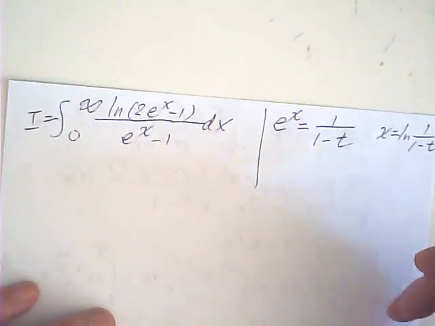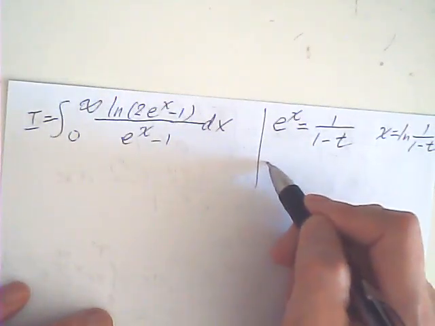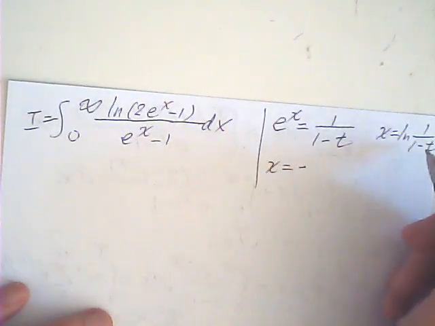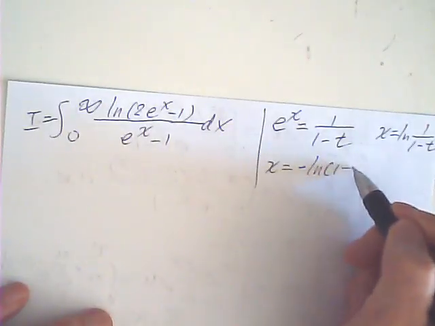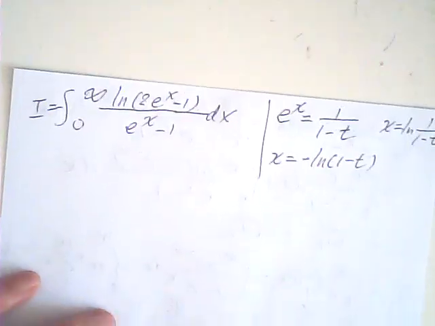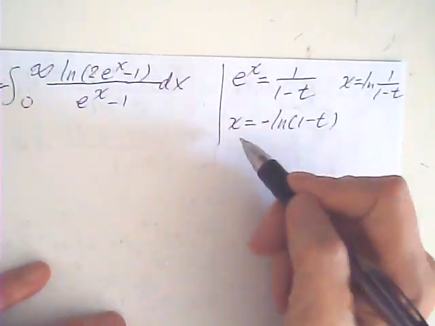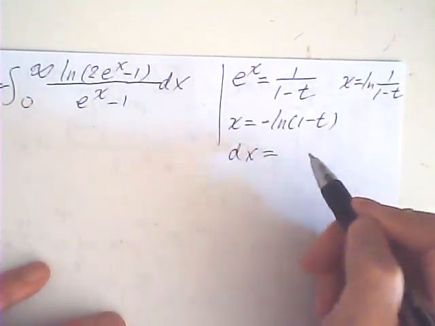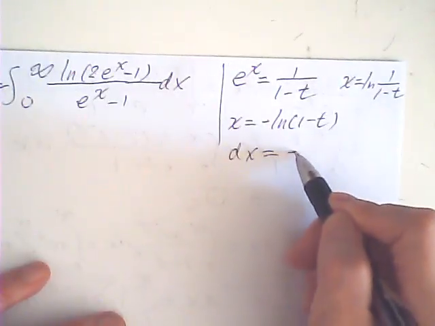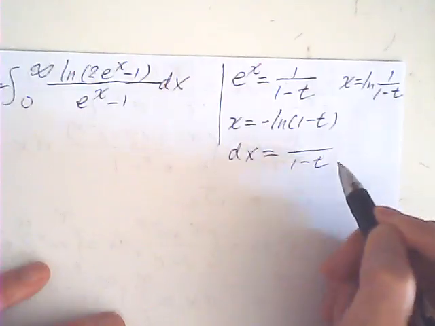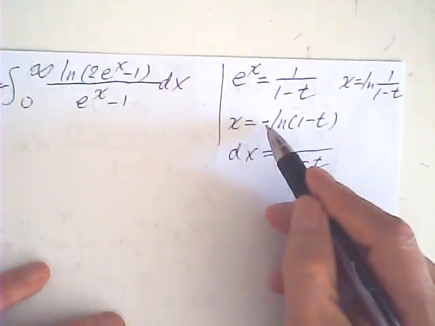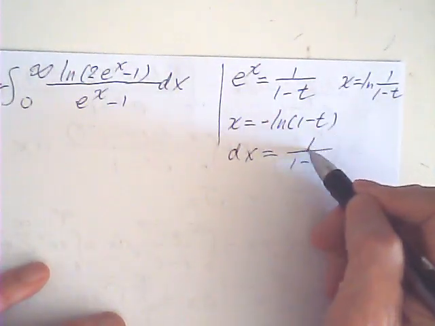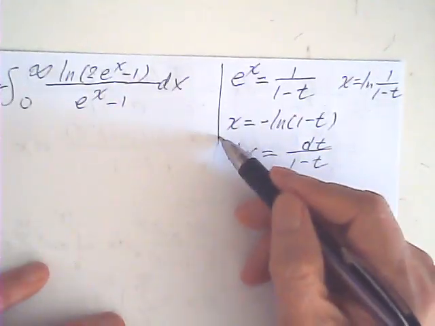So then this is equal to what? x is equal to negative log of 1 minus t. And then dx is simply this over this, right? Times negative 1, cancel this negative, so it becomes dt over 1 minus t. Yeah, okay.